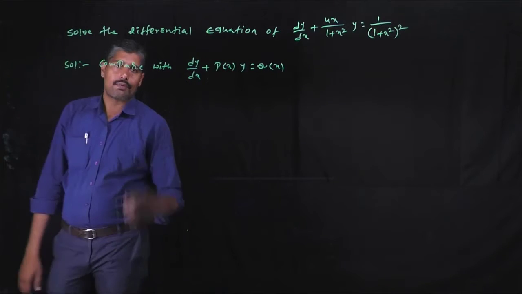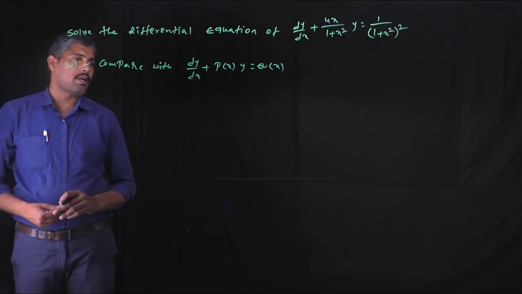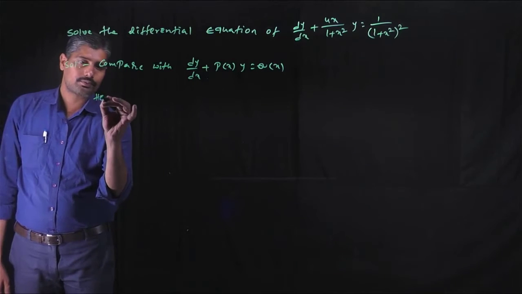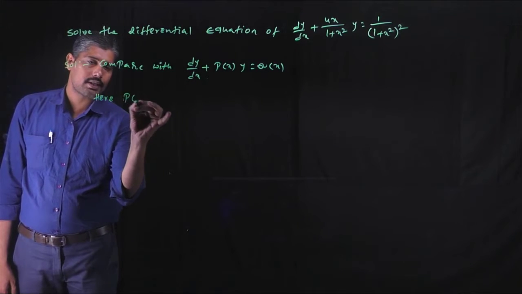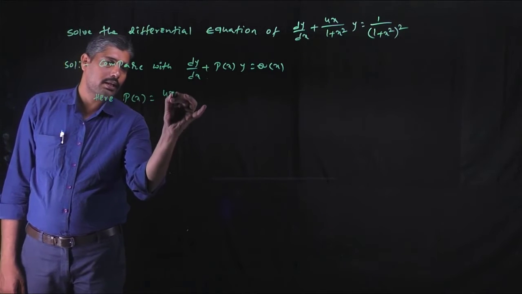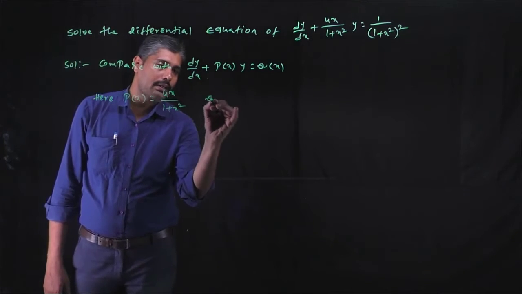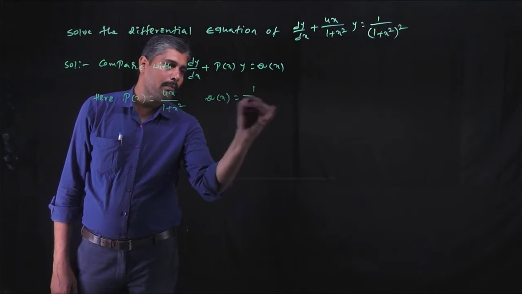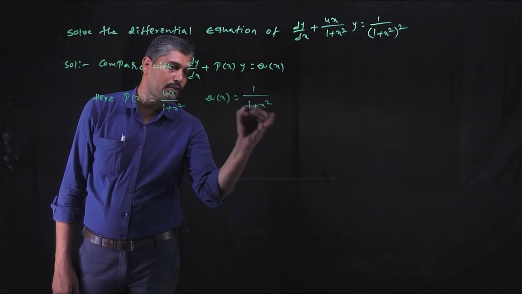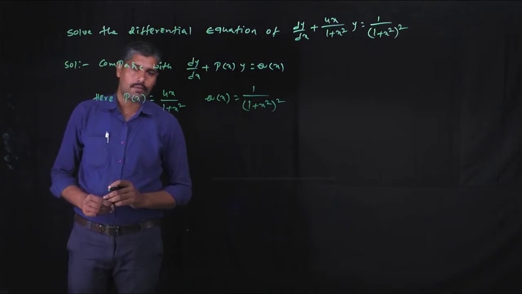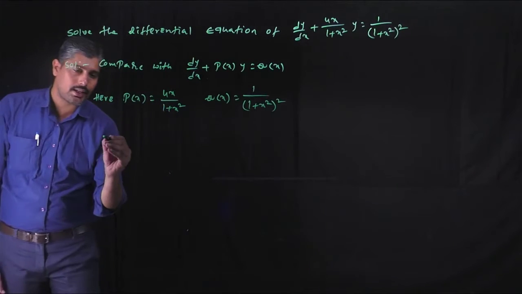Therefore, comparing with dy by dx plus p of x into y equal to q of x, p of x equal to 4x by 1 plus x square and q of x equal to 1 by (1 plus x square) whole square. First find the integrating factor.